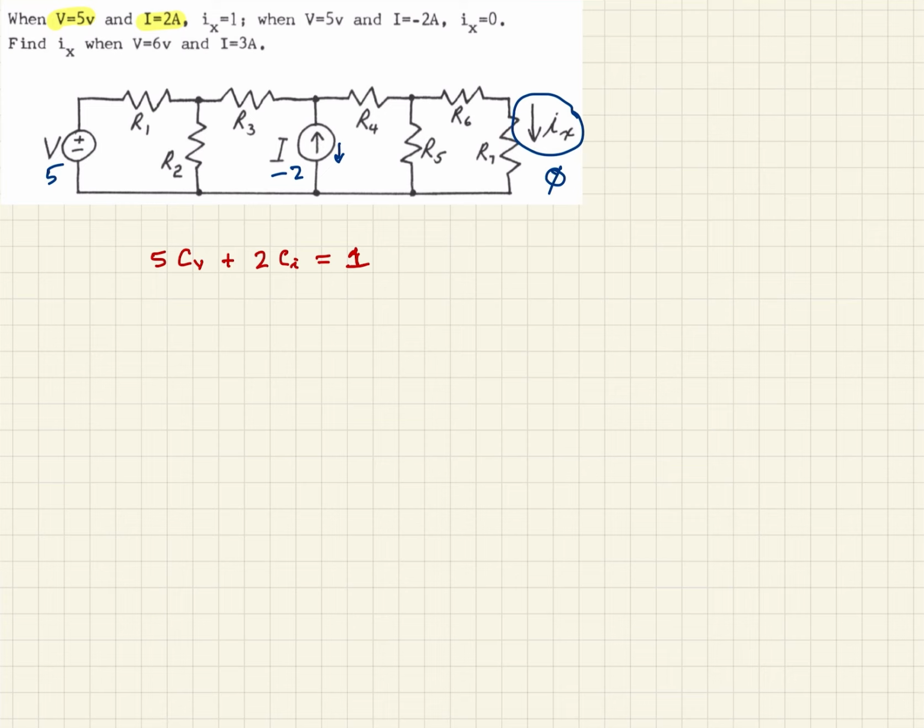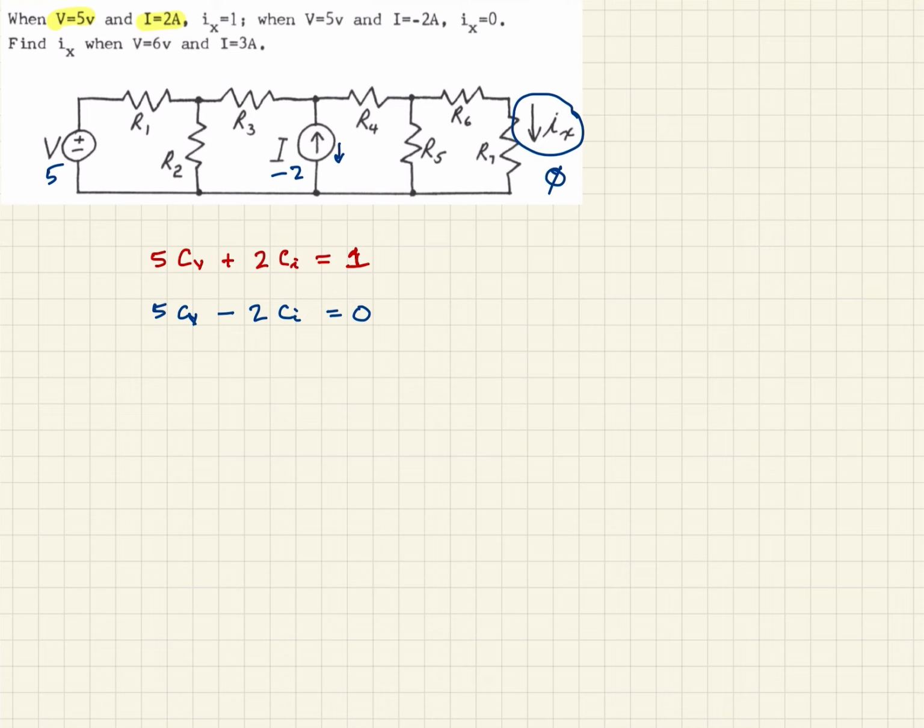So we can write that as, again, 5 times CV, but this time minus 2 times our CI, our current constant, and that's going to equal 0. So now we have two equations, two unknowns, and we should be able to solve this pretty easily.